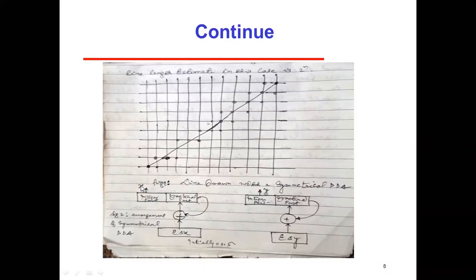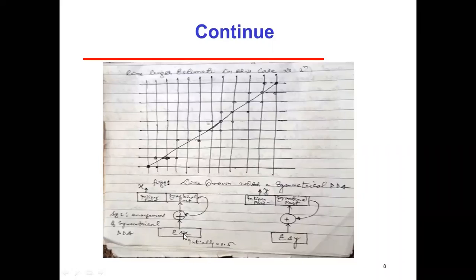After that we will add epsilon delta x to the value of x. Here this is the whole arrangement for the x value, and this is the arrangement for the y value. Initially there is some initial point, and we add 0.5 to x, and similarly 0.5 to the y value.